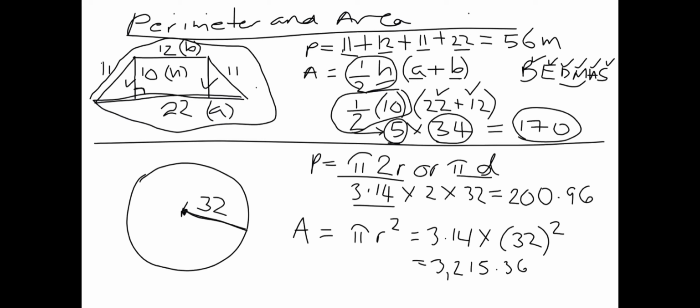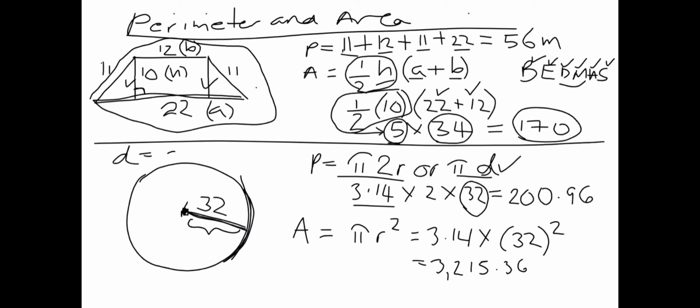The radius is r, from the center of the circle to the circumference, which is the outside layer of the circle. And the radius is given as 32. D is actually the diameter, which is the same thing as 2 times r.